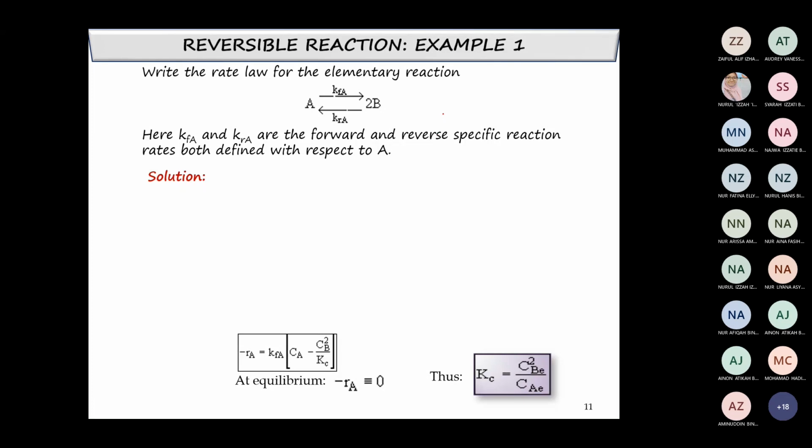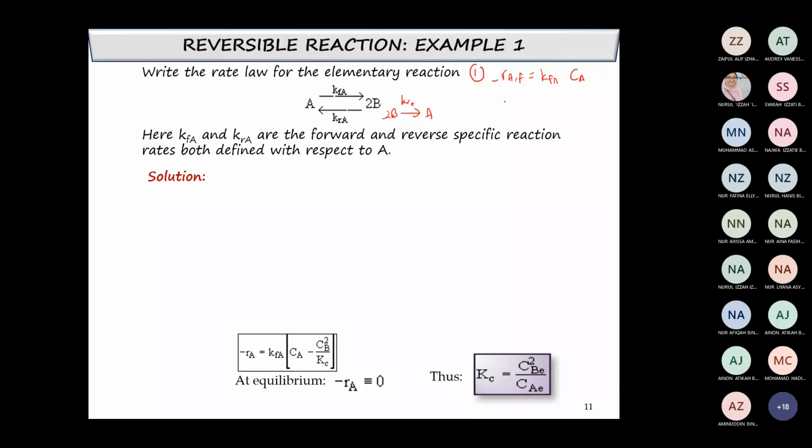So the first thing you need to do is negative RA forward. Okay, remember sebab kita ada this one being degraded. Okay, so dia akan di negative. So is equals to KFA times with the CA. Okay, this is forward. Now kita tengok pada reverse. Reverse sekarang 2B ke A. Alright, this is KRA. Okay, means that dia akan form balik A. This should be positive.